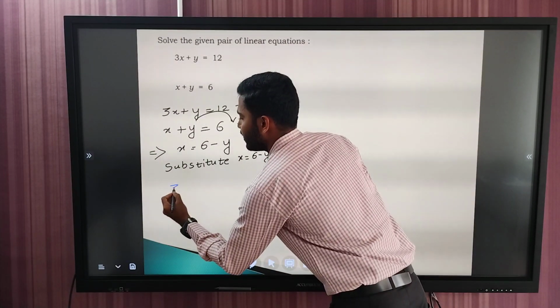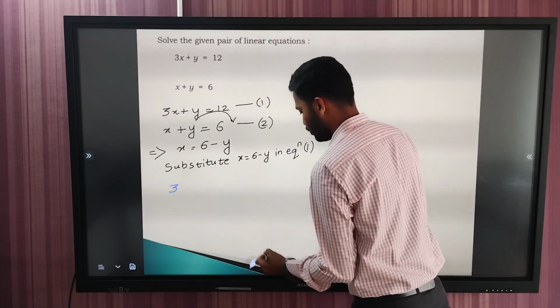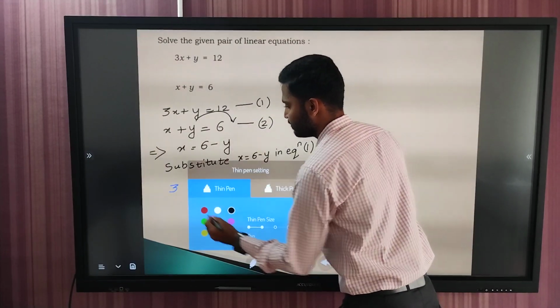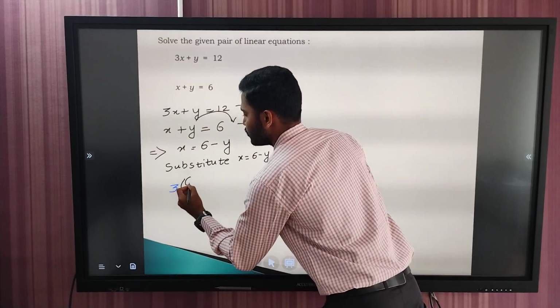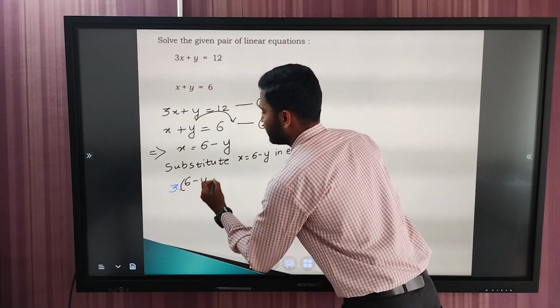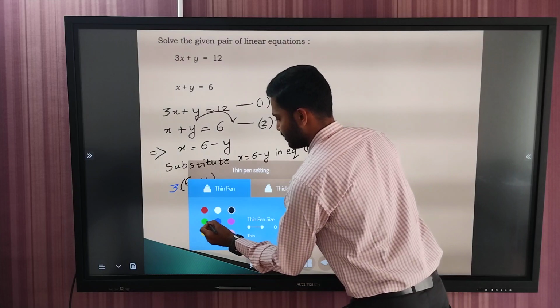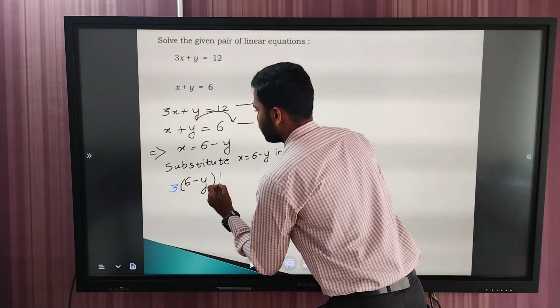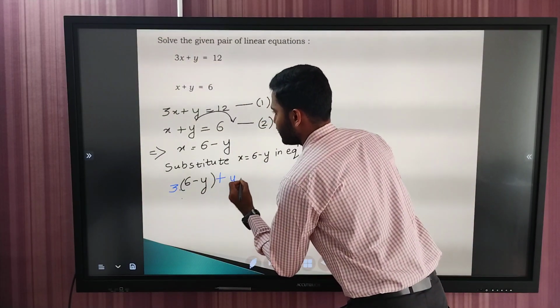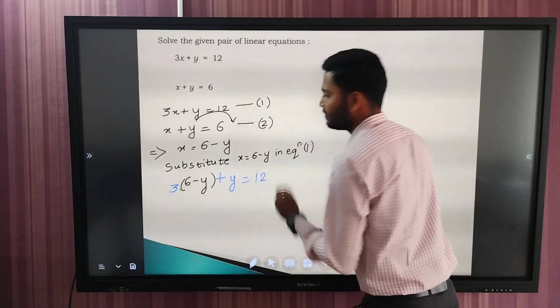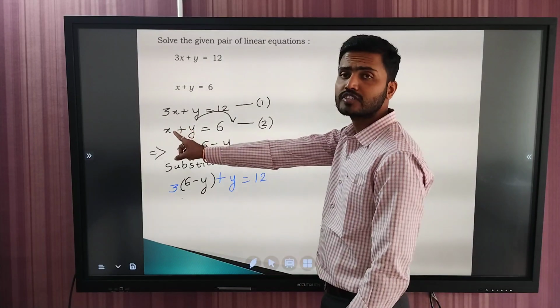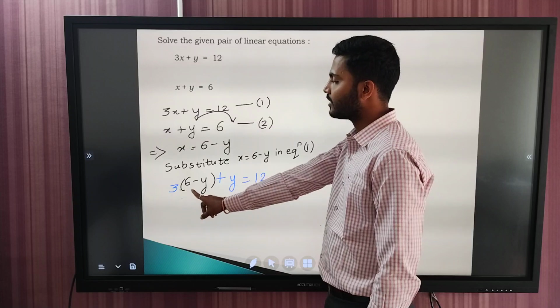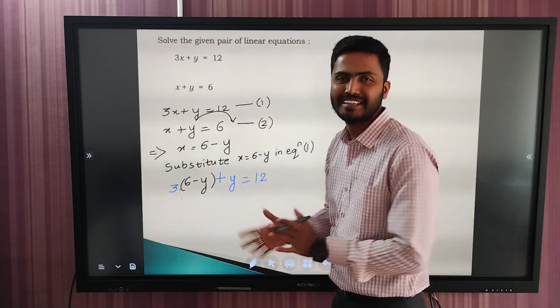Wherever x is there, I am going to put 6 minus y. So 3 times (6 minus y) plus y is equal to 12. Wherever x was there, I have substituted the value of x as 6 minus y.